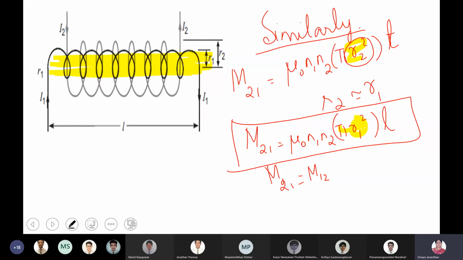It produces a varying magnetic field, which means the number of field lines that is passing through S2 is bound only to this area, which is confined to R1. Though the radius of the coil is R2, the flux is bound only within this area of pi R1 squared. So that's what R1 and R2 is approximately. R2 taken to be R1. To complete this, boys. So this is being done.